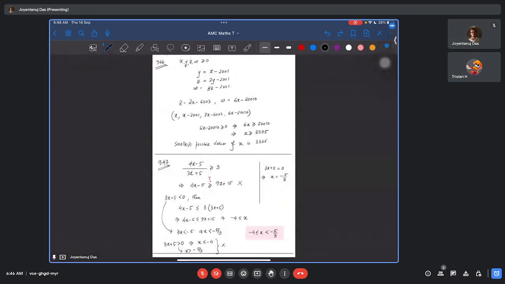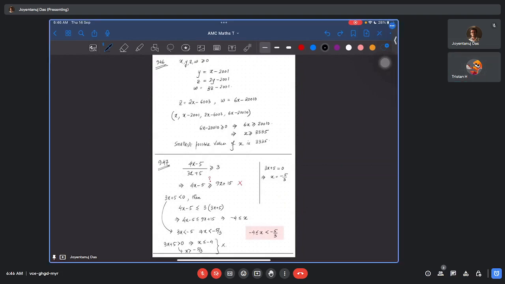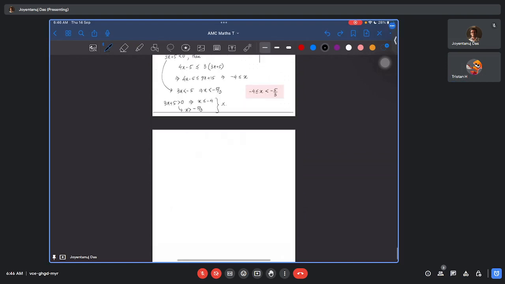It's 9.47. So next one is 9.48. P, Q, M are positive numbers.